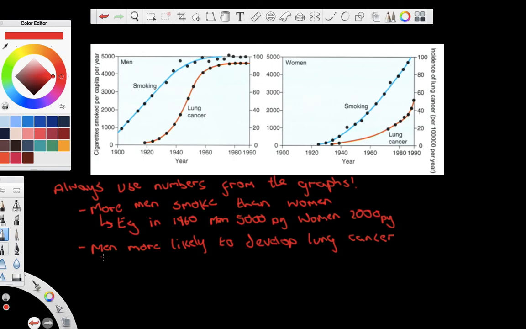And we need to back it up again using the graphs, and we can say, for example, in 1980, the number of deaths per 100,000 among men was roughly about 90, whereas among women it is about 30, let's say 30, okay?